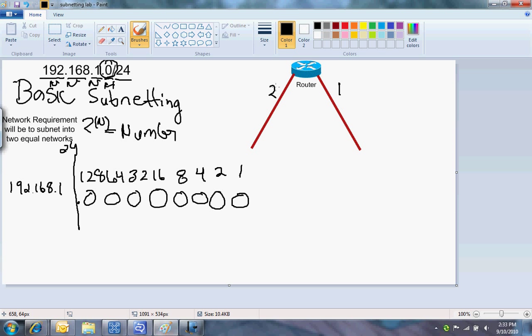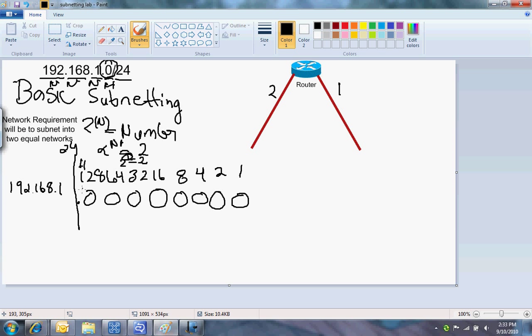So what we have to do is figure out how many bits I must borrow in order to represent those 2 networks. What 2 to the n power equals 2? Well, we know n equals 1, because 2 to the first power equals 2. That tells me I must borrow 1 bit from the host field.